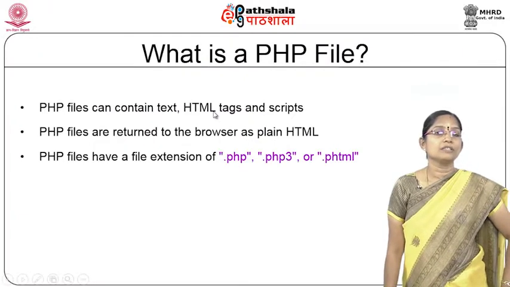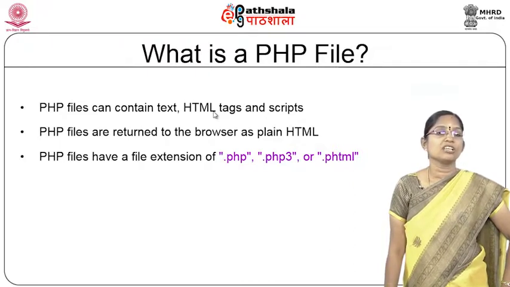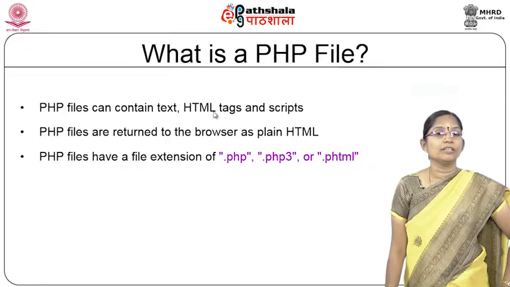Now, let us look through what a PHP file may contain. A PHP file may contain text, HTML tags and scripts. PHP files are returned to the browser as plain HTML. Plain HTML in the sense that a PHP file can contain text, HTML tags and scripts. Using a PHP parser, this could be parsed or processed on the server side.